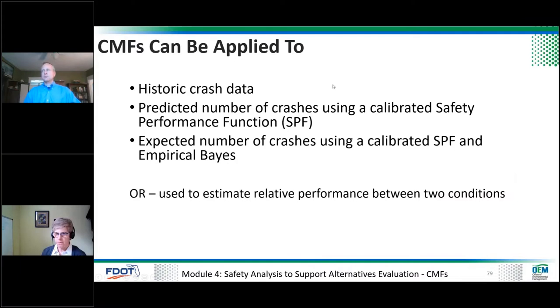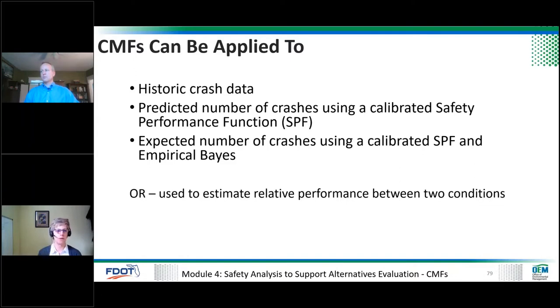How do you use them? As I said, they're multiplicative, and you could take that factor and multiply it against historic crash data, predicted crashes from just the safety performance functions, or expected crashes after you've applied the EB.